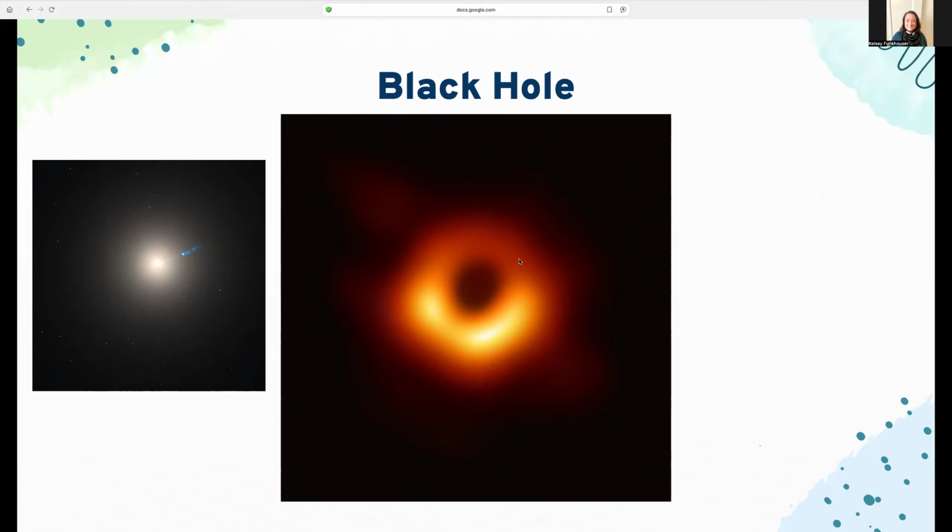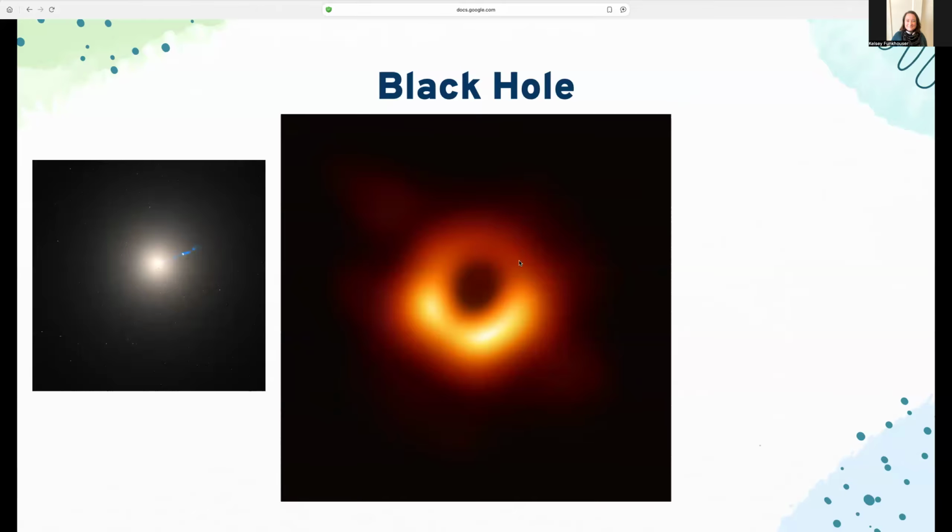So again, there's this disk of material around the black hole because, and we're going to talk about orbits in the next lecture, the material is orbiting around the black hole and moving really fast. And that's why we see it as so bright. But then that material, depending on how close, once it gets to this dark region, it's not coming back out.